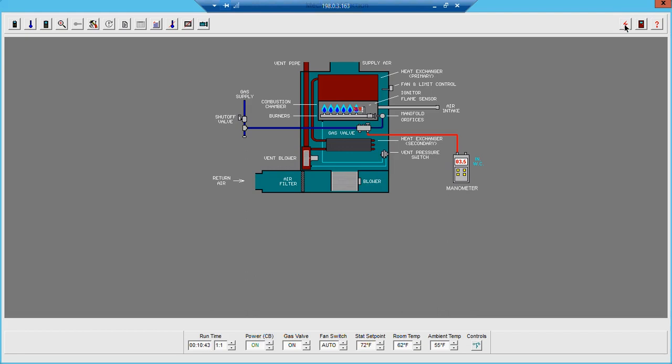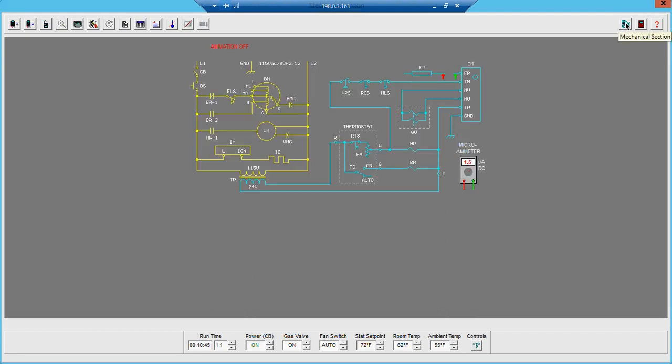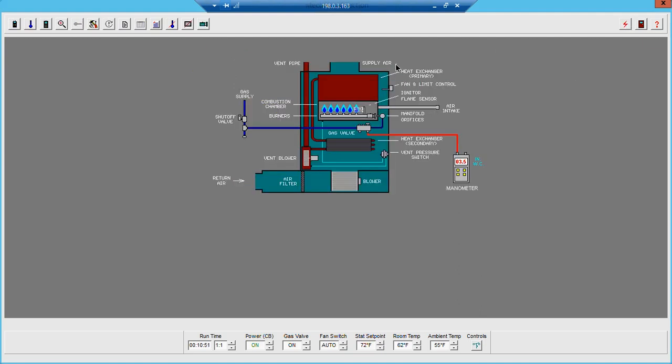Three and a half inches of water column. We're staying lit. We're getting 1.5 microamps to our flame sensor, and we're staying lit. We have successfully completed this service call.